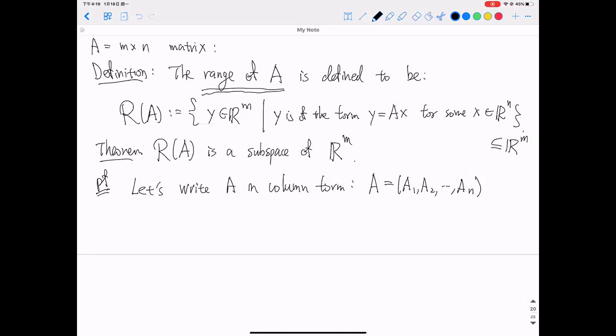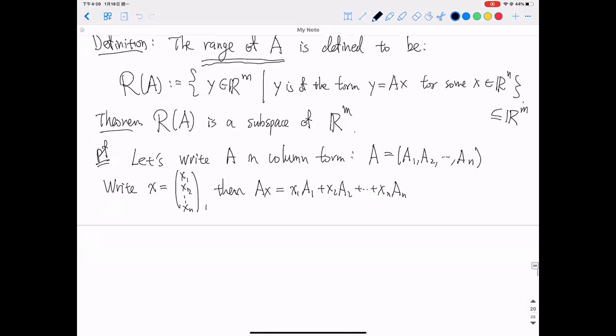Then, let's also write x to be the column vector x1, x2 down to xn. Then Ax is written as x1a1 plus x2a2 plus ... plus xn an. Okay.